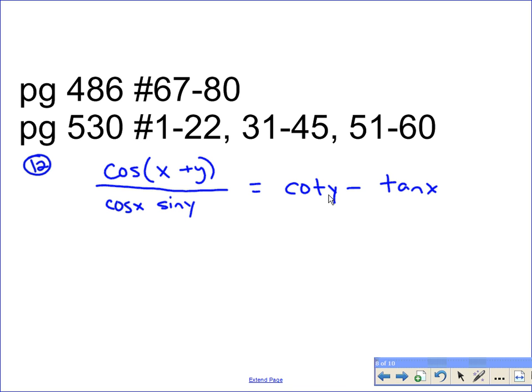Okay, so what I would do is look at the top there, and I always kind of do that whenever I see one of these problems, especially the verifying ones. You can work off of either side, the left side or the right side.